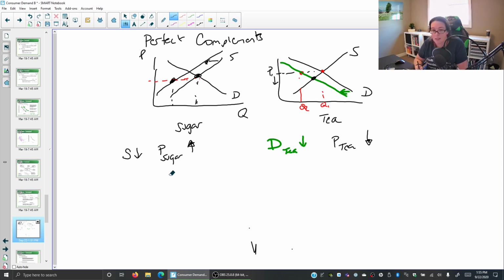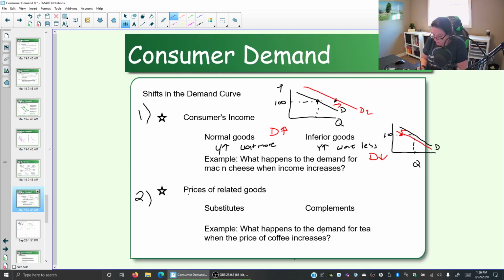If one is now more expensive, we're going to demand less of the other, and that decrease in demand will drive down the price. So what is happening with the price of the complements will change demand. So it's the price of the related good, and they can be complements.